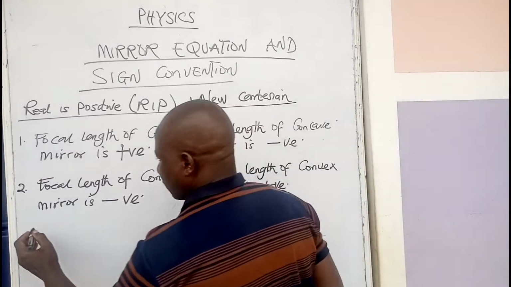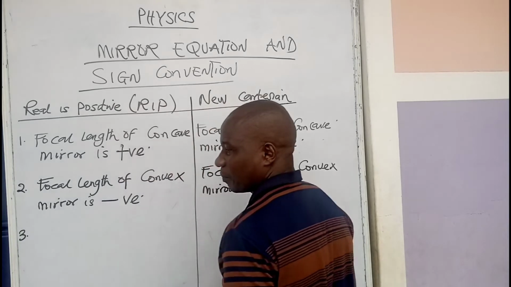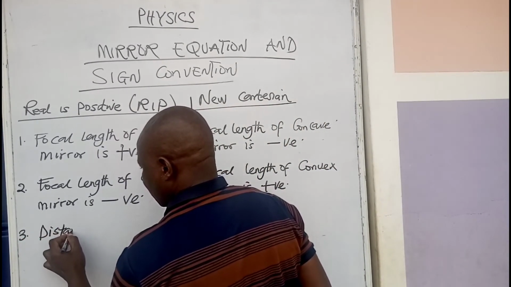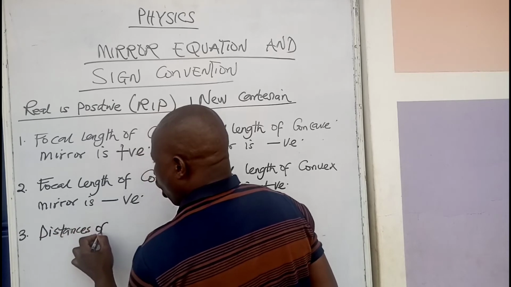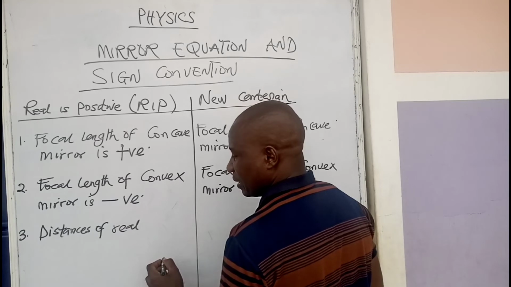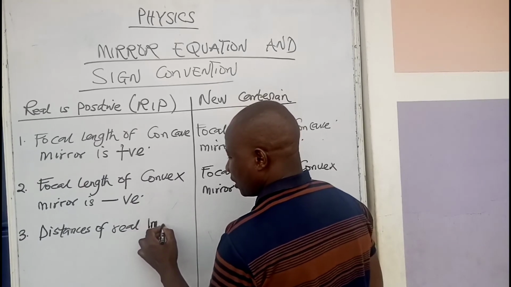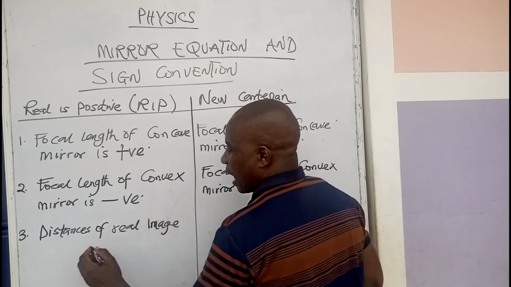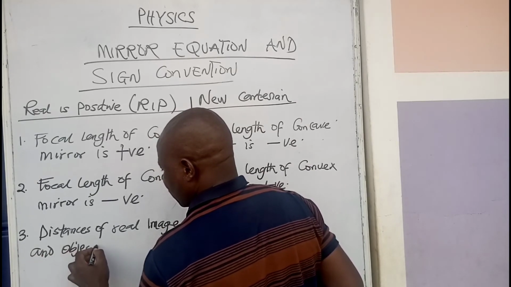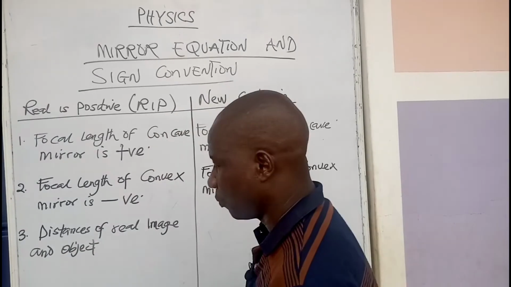Number 3. Distances of real image and object.